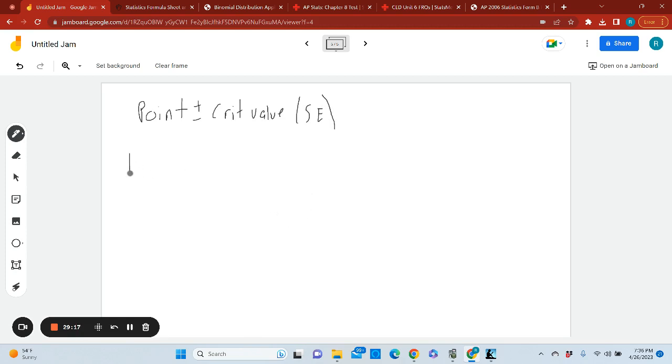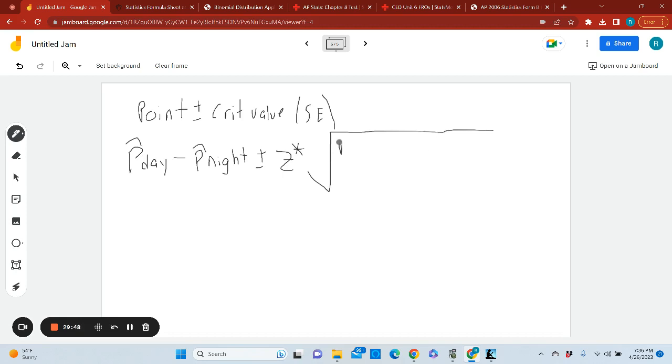My point estimate is going to be P hat from the day shift, or the proportion of my sample from the day shift that met specifications, minus P hat for the night shift. Plus or minus that critical value, which is going to be that Z, that special Z star number, times the square root.